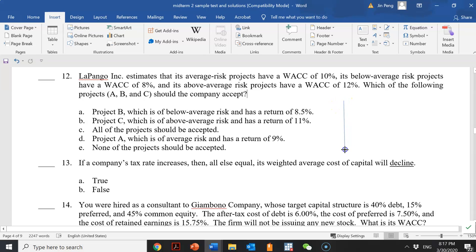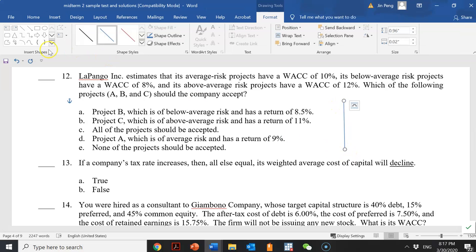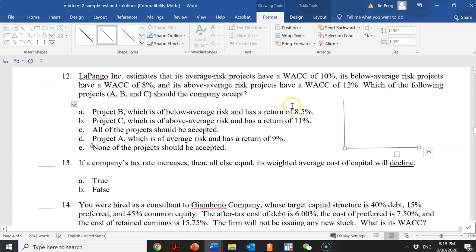If we're looking at different projects with different project returns, we need to compare the return of the project to the WACC of the firm at the same risk level. Composite WACC line might be just a set number like this.